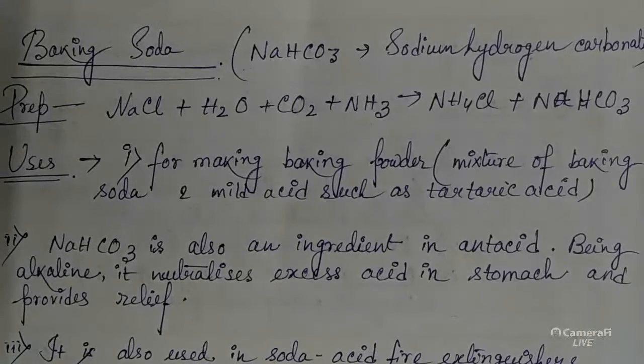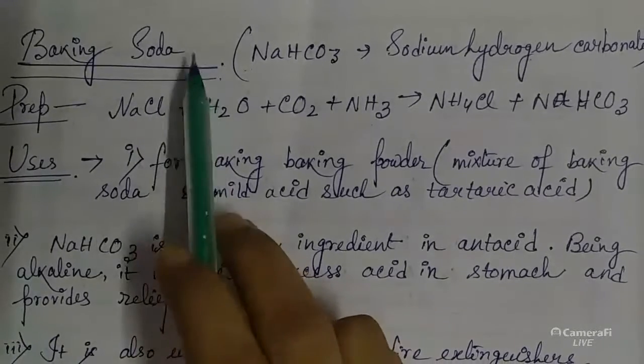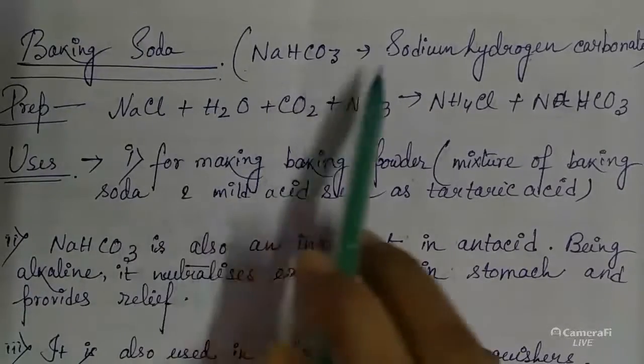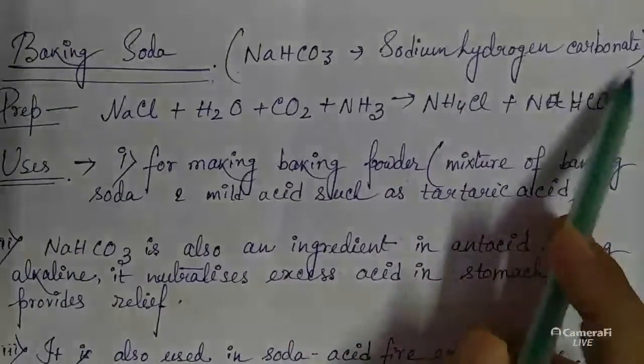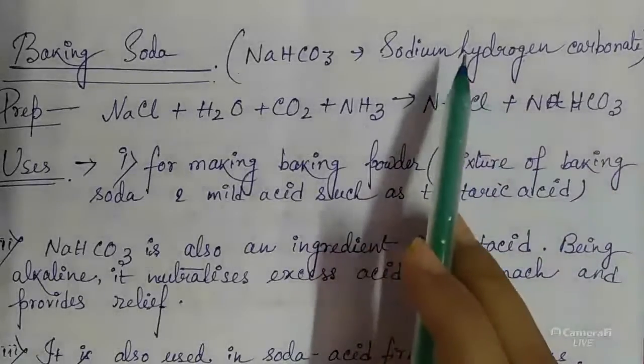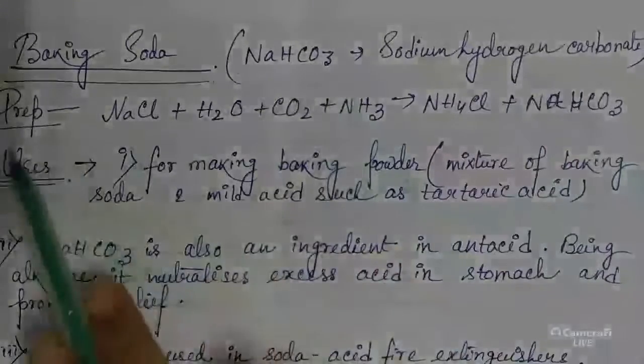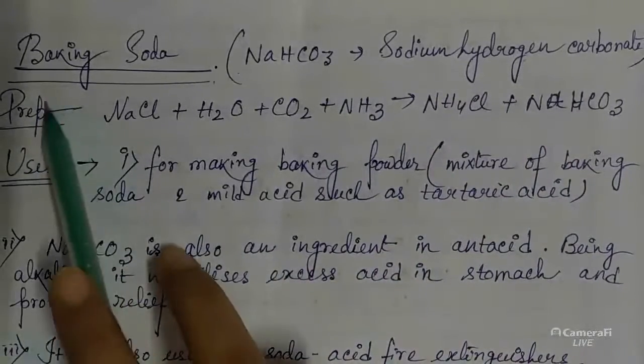Okay, so once more I am repeating this. The chemical name of baking soda is sodium hydrogen carbonate, or you can say sodium bicarbonate. Now we are coming to the preparation of baking soda.